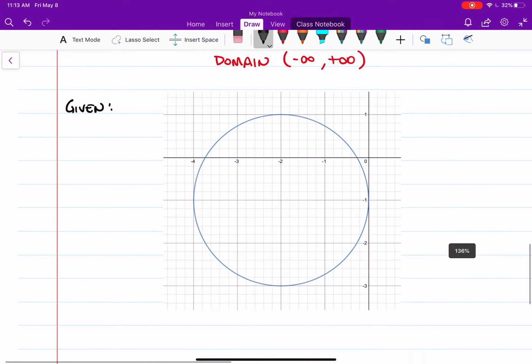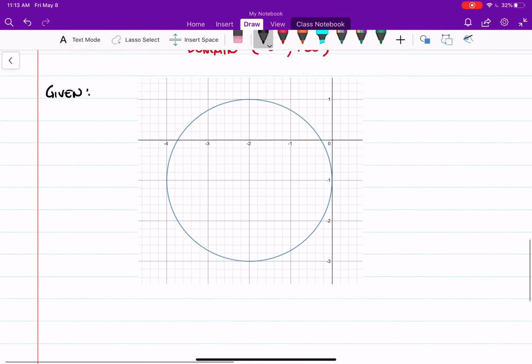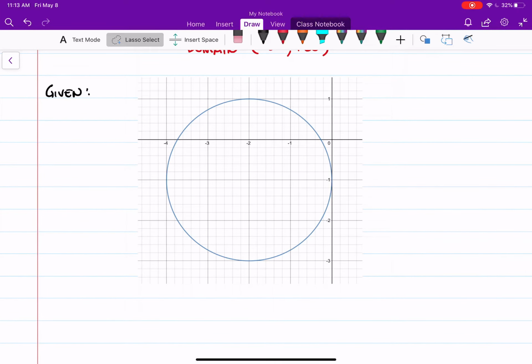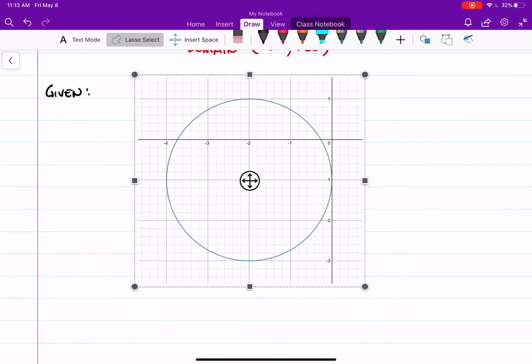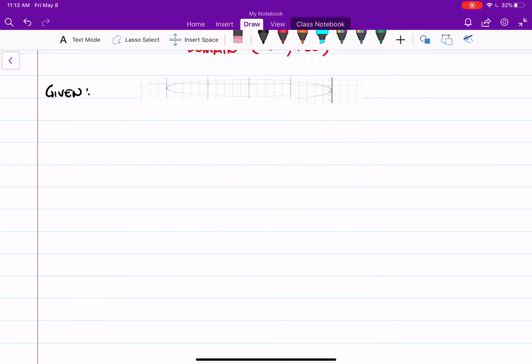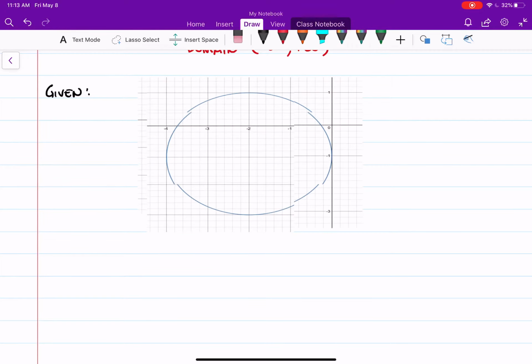Okay, what if we're given this? Same thing. I'm still going to do exactly the same. I'm going to take this. Domain is all the x values, so I want to squish this so that it only points left and right. If you look at this, it's going to flatten out, right?